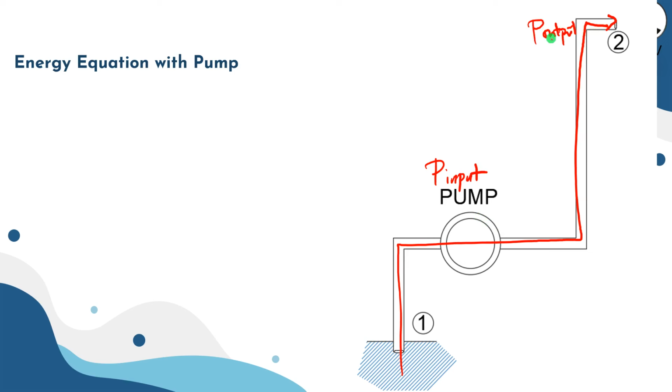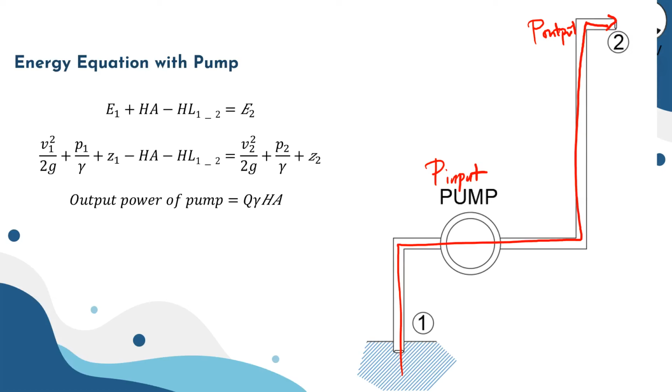Again, the pump will increase the energy at point 1 in order for us to have the same energy as point 2. Applying again the energy equation, considering the head loss, we subtract the head loss from the energy at point 1 from the starting point, and also we have an additional head due to the pump.